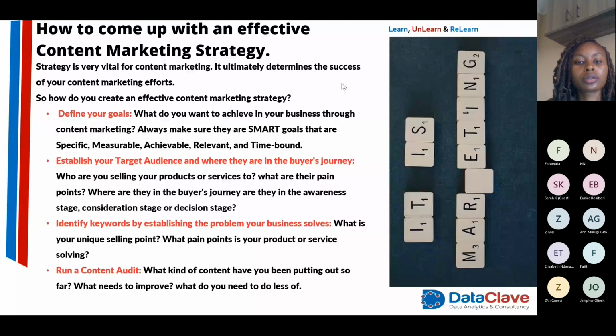The buyer's journey is basically the awareness stage, the consideration stage, and the decision stage. With these stages, you must create content that speaks to each and every stage of the buyer's journey. If a buyer is in the awareness stage, they're not very sure what they're looking for.